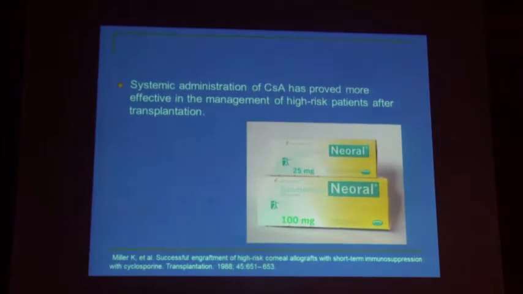But we should look for two things: the systemic blood pressure, because it increases in a significant number of patients, and also the CBC and the kidney function. If the kidney function is tripled, stop the medication, skip a dose, and you can adjust to another medication after that.